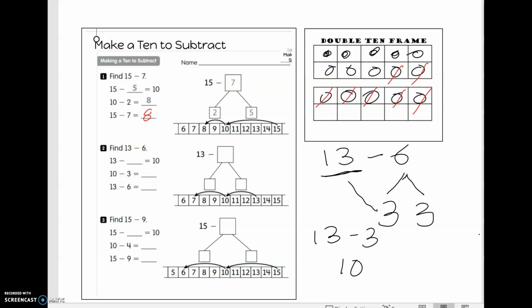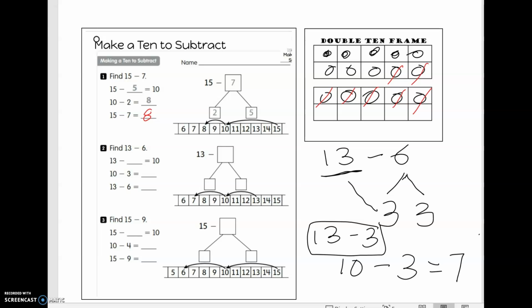And then I have, let me put that in a box for you, right? And then I have another 3 that's remaining. So I'm going to do minus 3 and I'm going to count back 3, 4, 5, 6, 7, 8, 9, 10. So that gives me 7.